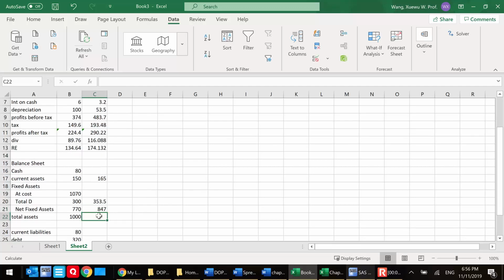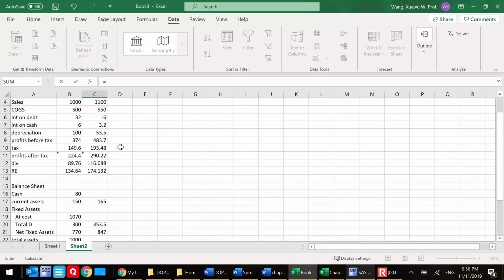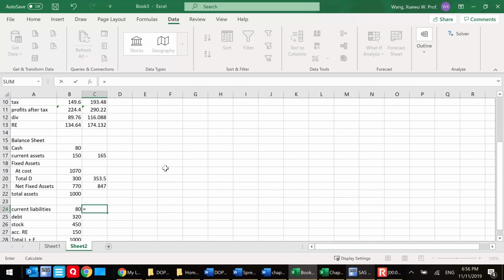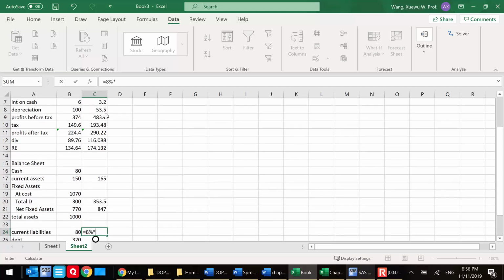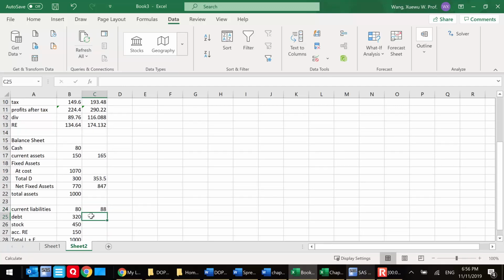I just want to work fast, so I put down all the numbers as constant. So the total assets, I'm going to leave this blank because I know I'm going to manually balance the balance sheet. All right, so current liabilities, that's going to be 8% of sales. So I'm going to do 8% times sales. All right, so that is the current liability here.